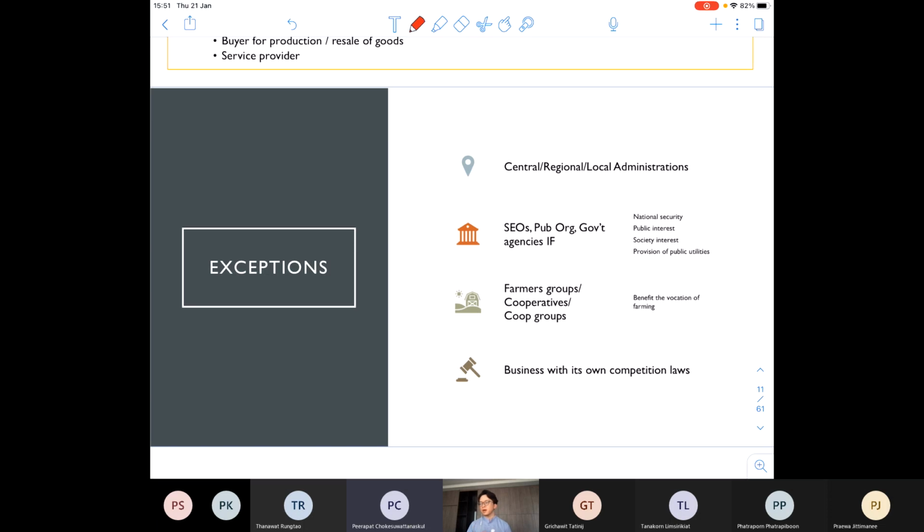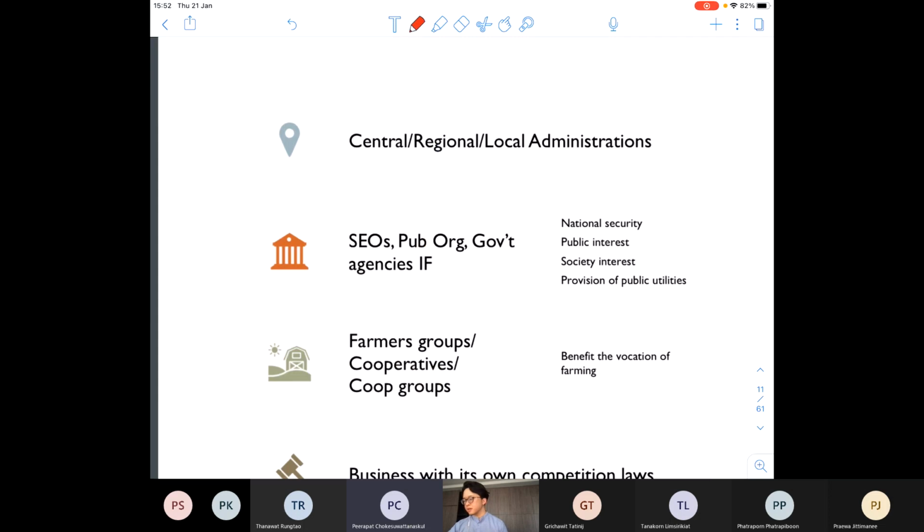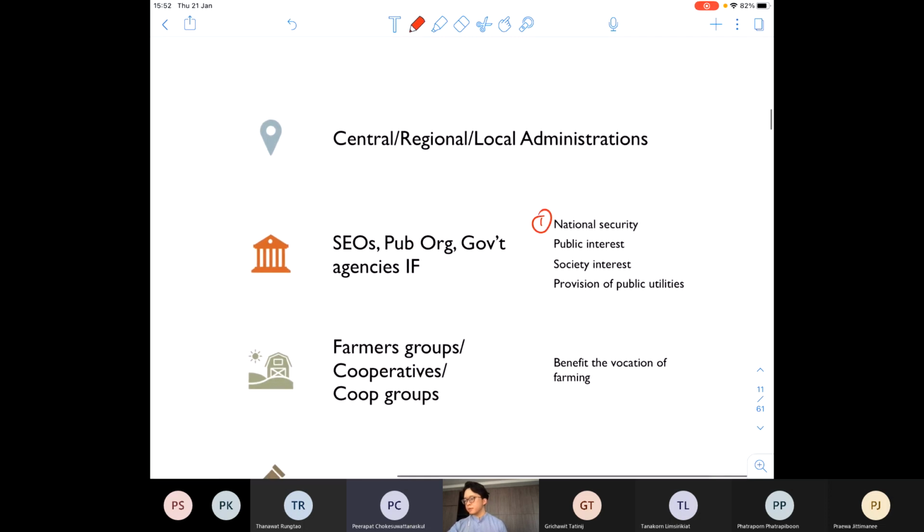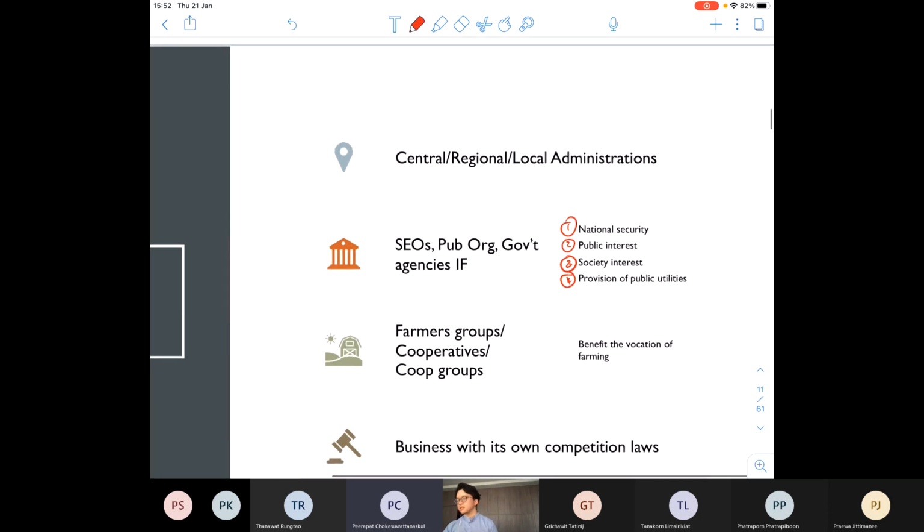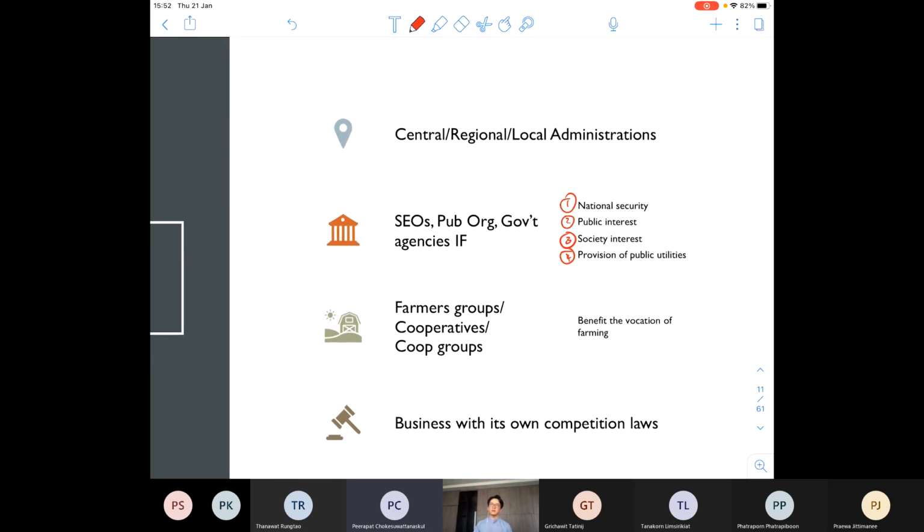Only if you are running your activities to achieve objectives in the following topics, okay? National security, public interest, society interest, and provision of public utilities, right? You would fall out of the scope here, and the TCA won't really be enforcing.